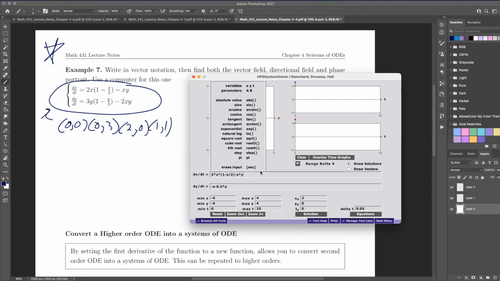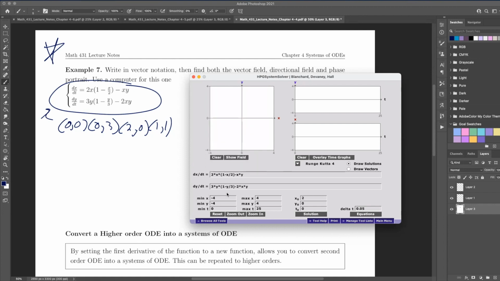And then for this one, we have 3 star y star (1 minus y divided by 3) minus 2 star x star y.